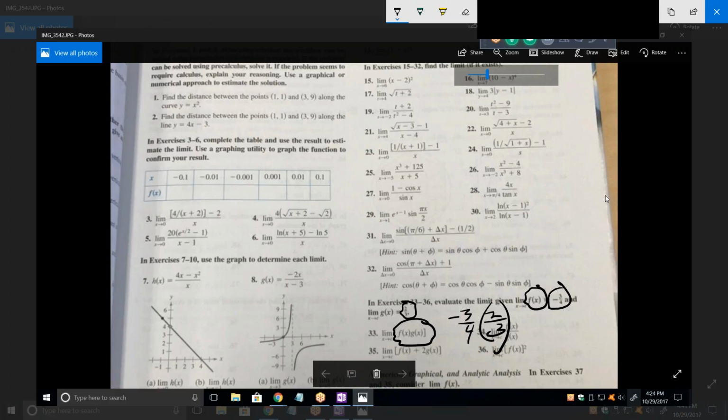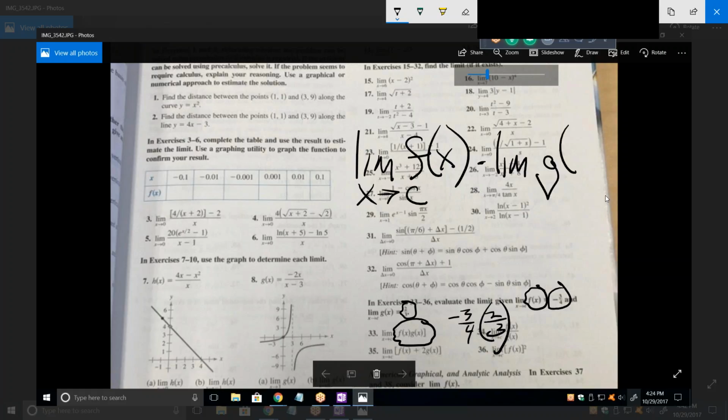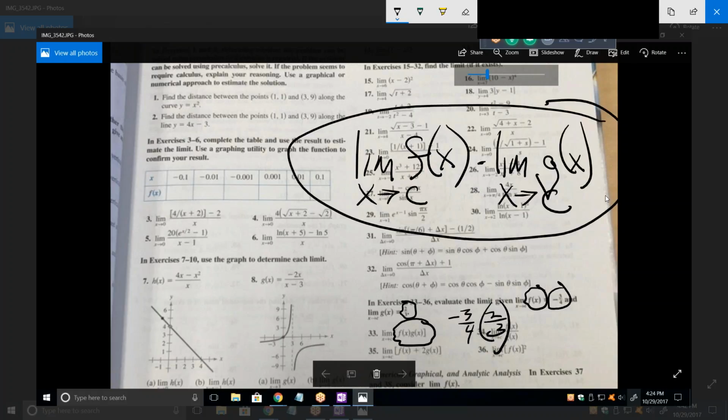They're asking you what is the limit of f of x times g of x as x approaches c. That is the same as saying this: the limit of f of x as x approaches c times the limit of g of x as x approaches c. In other words, that is the equivalent of 33.